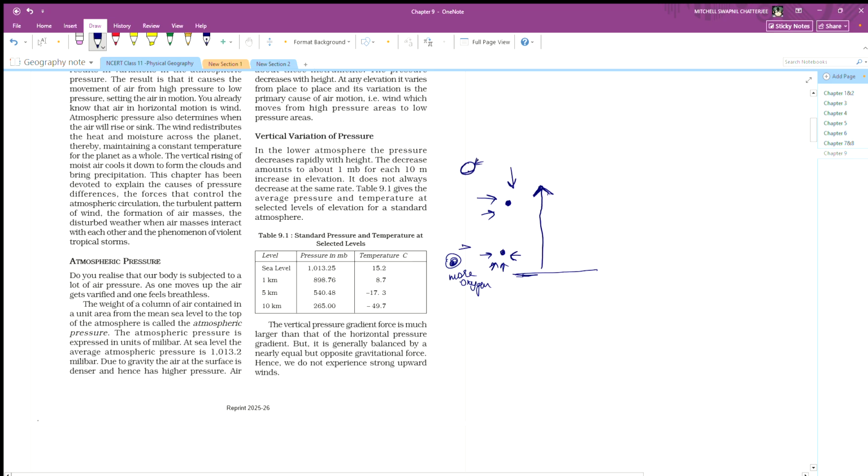And as we go up, the atmospheric pressure decreases, and the oxygen per unit area will be less.